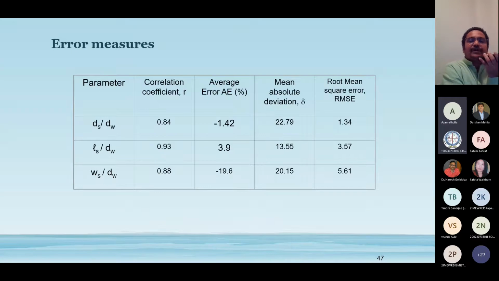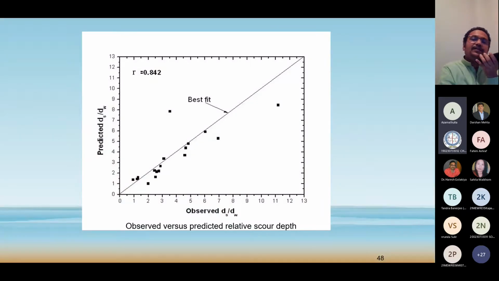Okay, these are some error measures. You can see my correlation coefficient is 0.884. The R square, coefficient of determination, again has not gone beyond 0.7. Especially for depth of scour, location of scour and width of scour, it's okay. Next, scatter plots we will see. Yes, see, still some outliers, either over predicting or under predicting.